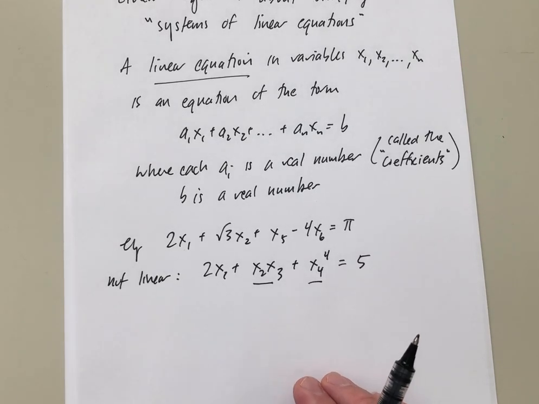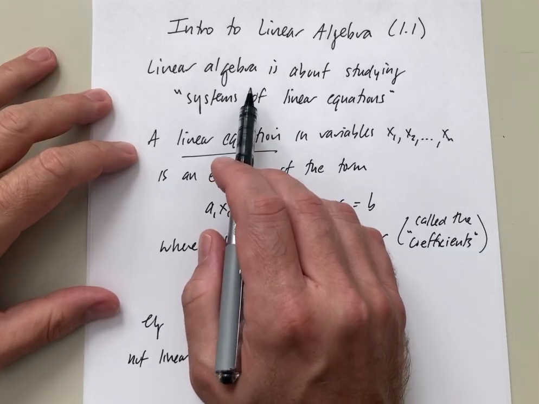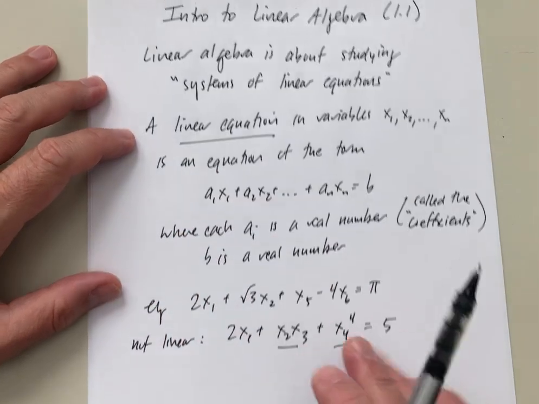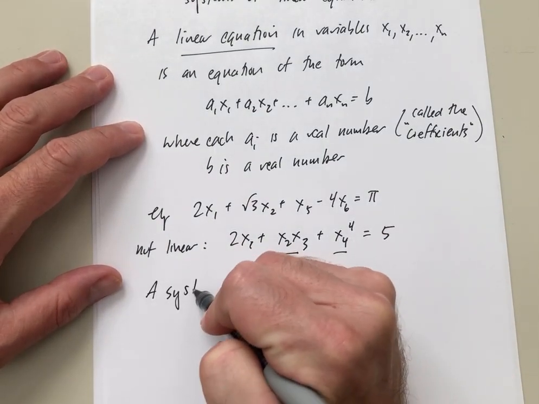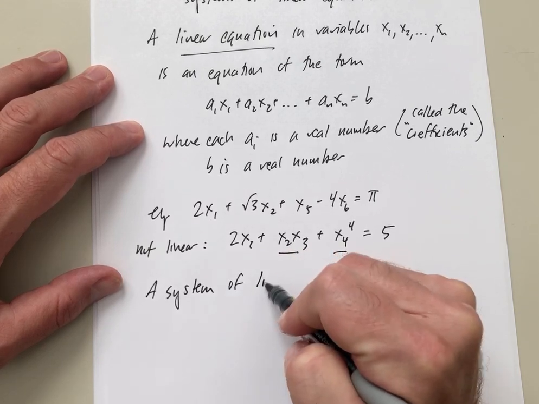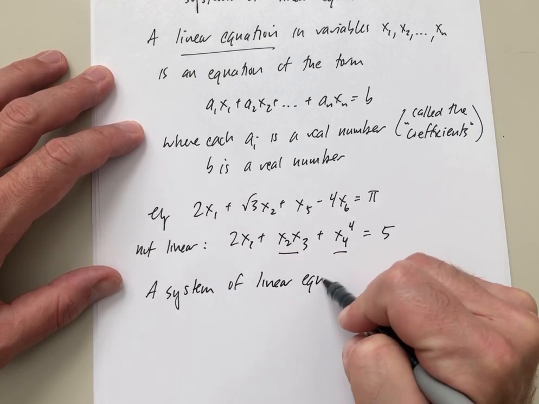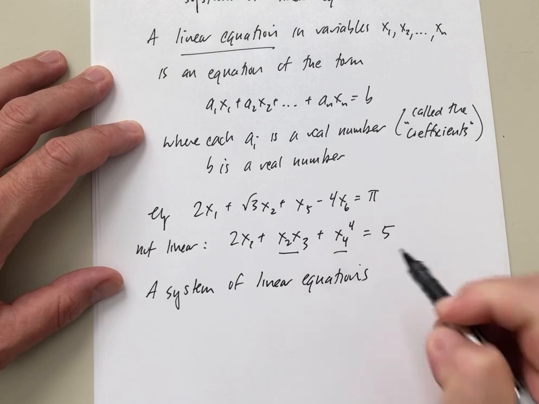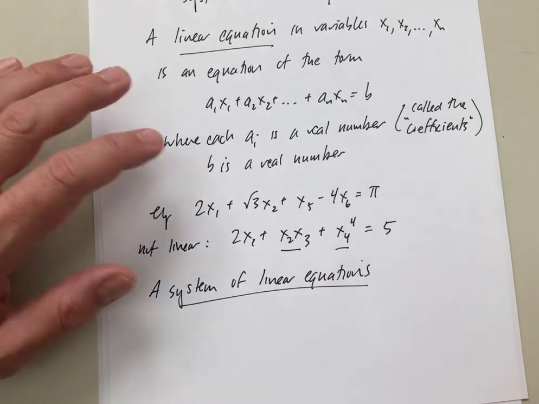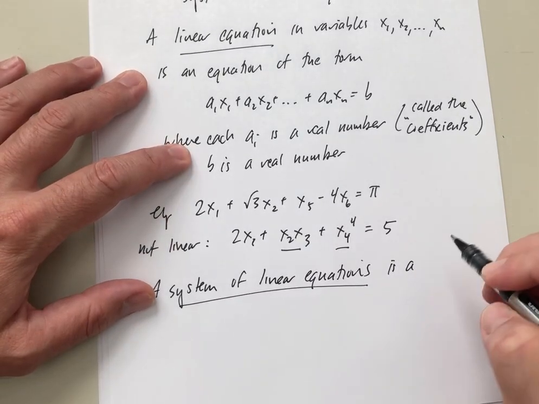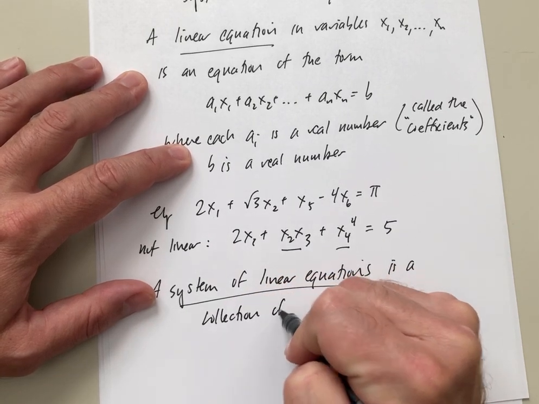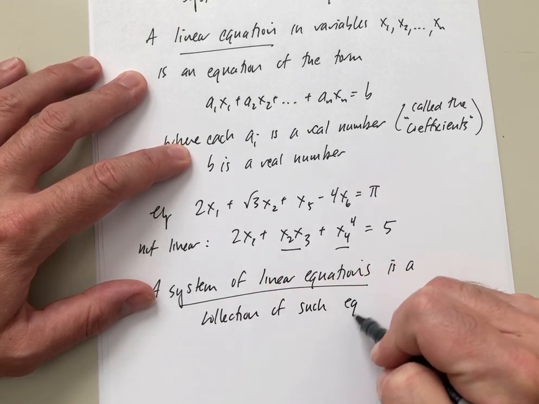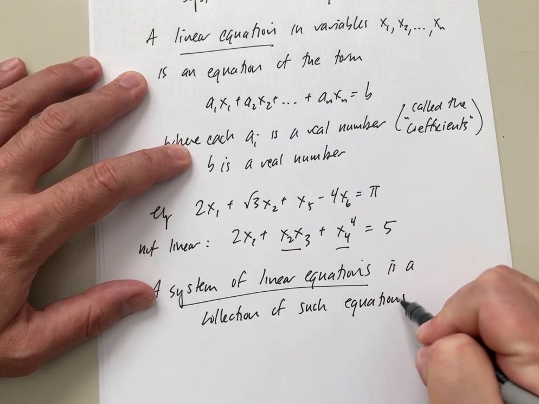Now, what's a system of linear equations? That's my other key word here. A system of linear equations is just a collection of such equations. I have a bunch of them.